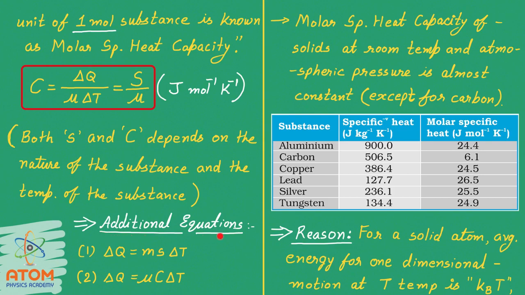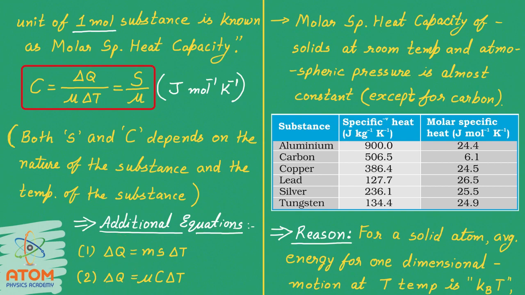Now also note these additional equations that I already derived from the previous equations. Delta Q is equal to m s delta T, and another equation is delta Q is equal to mu C delta T. See, if you have been asked to find out the heat required to increase the temperature by delta T of any substance, then you can use these equations.